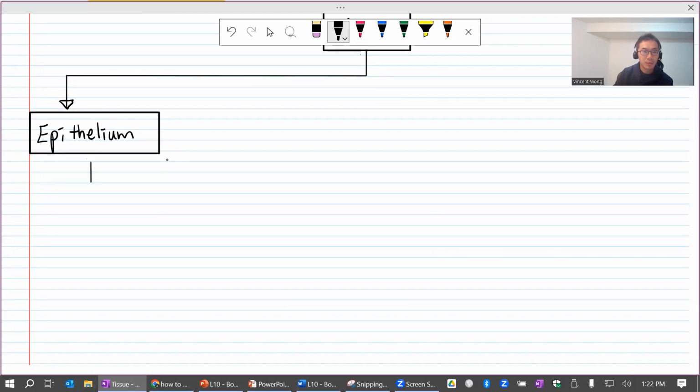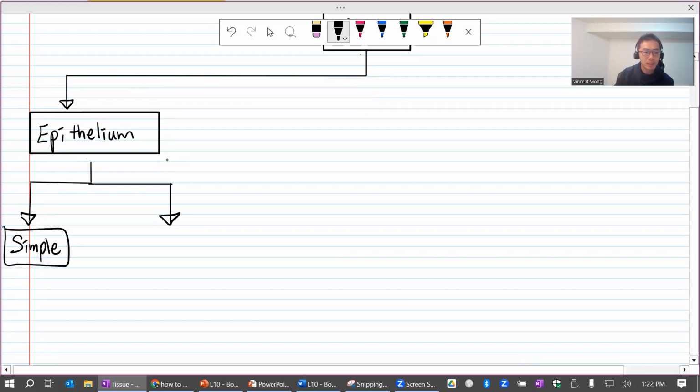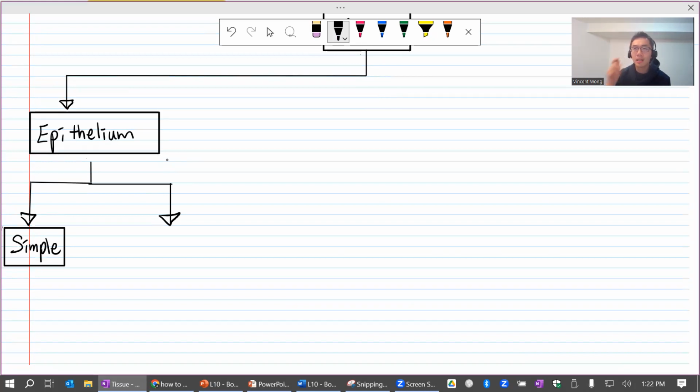And we can separate them into simple, and what's the opposite of simple? Sorry, what was that again? Rigid? No, not quite.